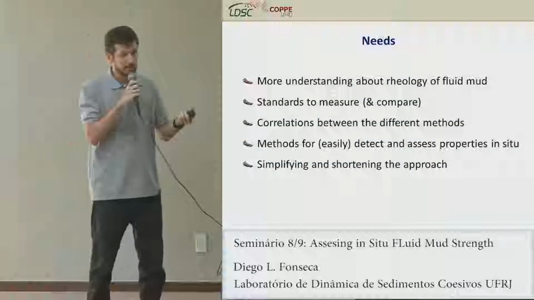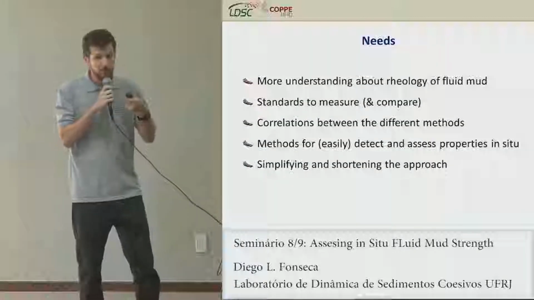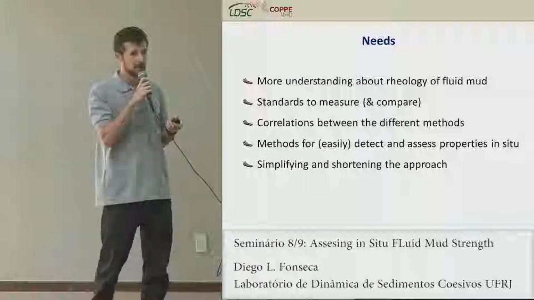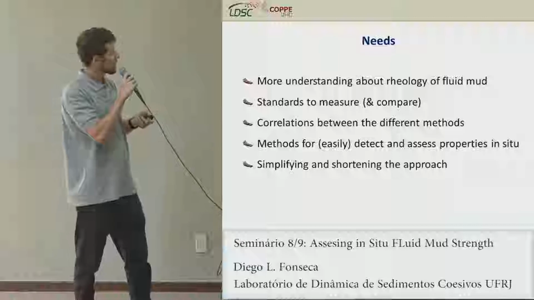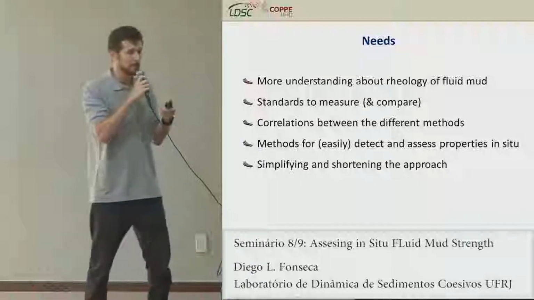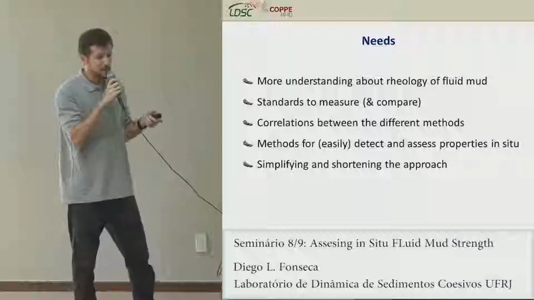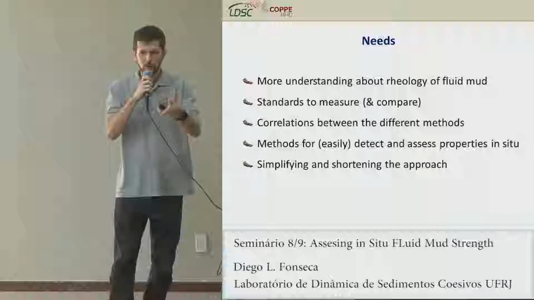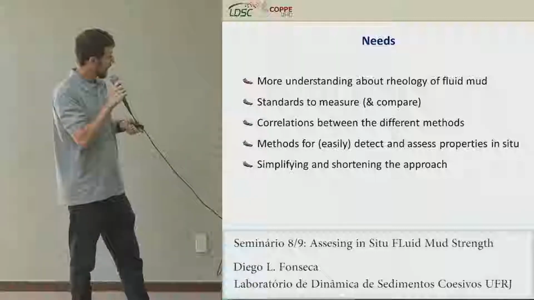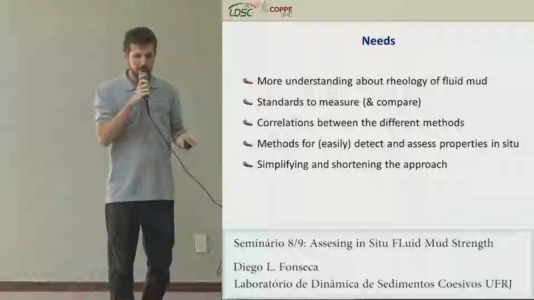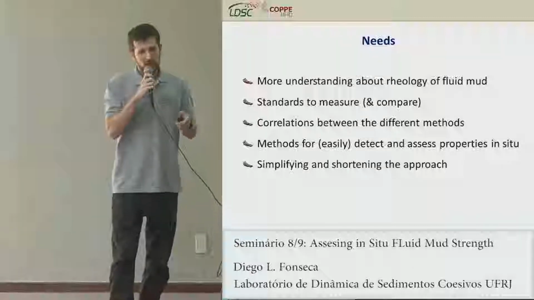And as everybody said, we're more interested not in the rheology of fluid mud, but its effect on vessels, for example. So we need standards to measure and compare all the results, and to correlate all these different methods to assess rheological properties. And in situ, we need methods for easily determining these properties.